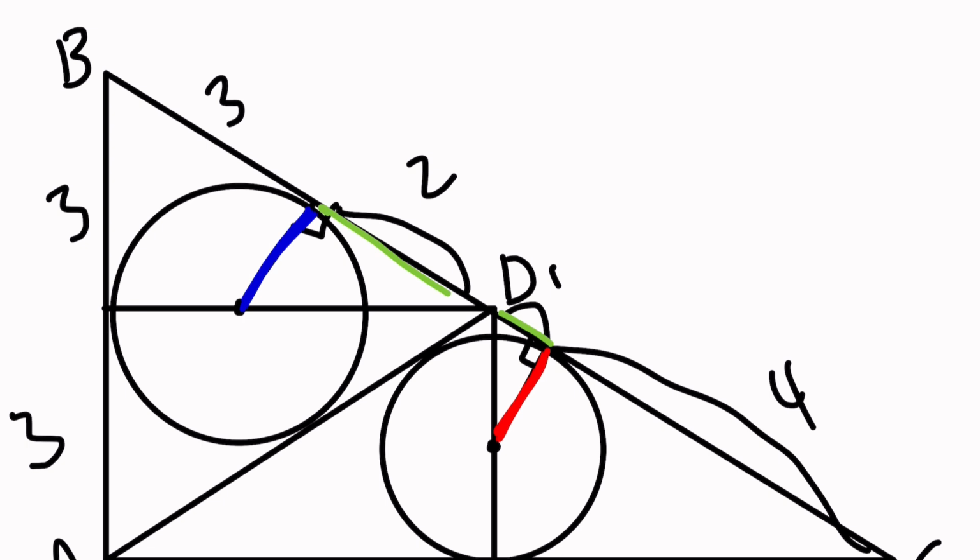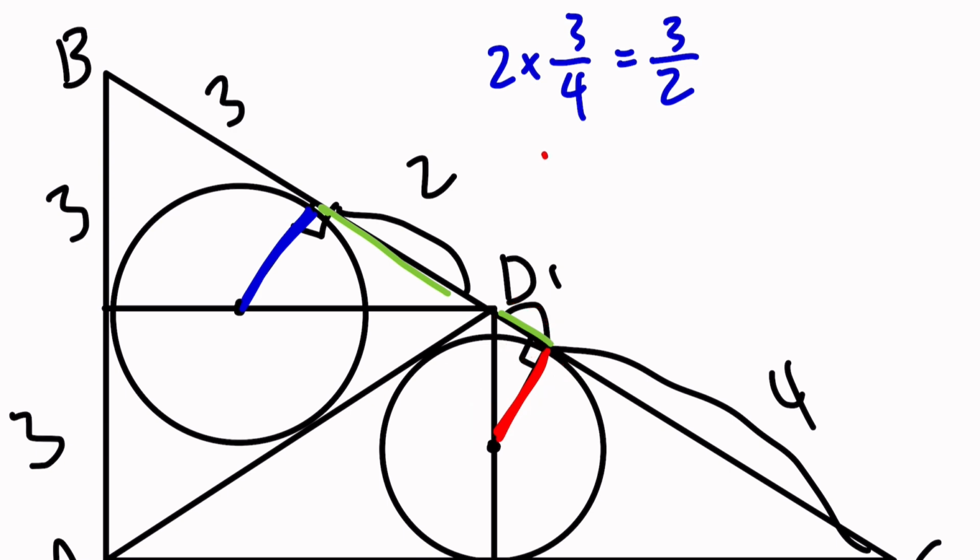So the blue radius will be 2 times 3 over 4, right? Because the ratio is 4 to 3, and so 2 times 3 over 4 is 3 over 2. And for the red one, the ratio is 3 to 4, right?